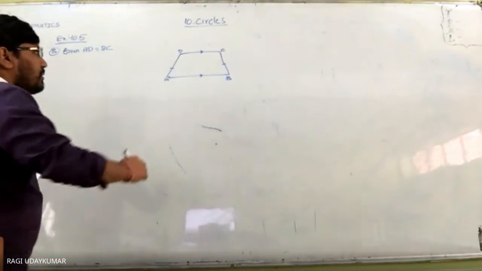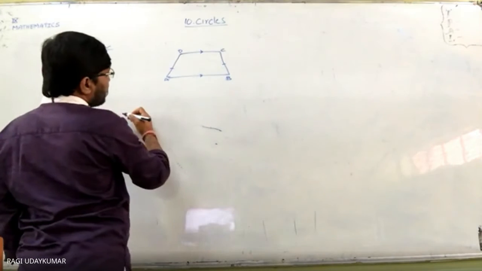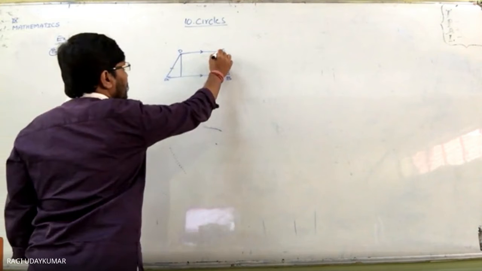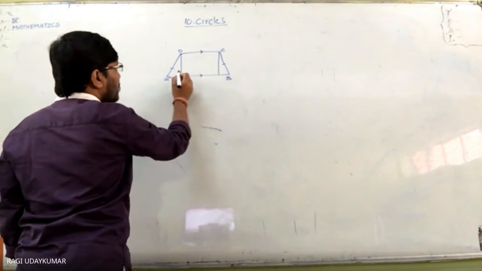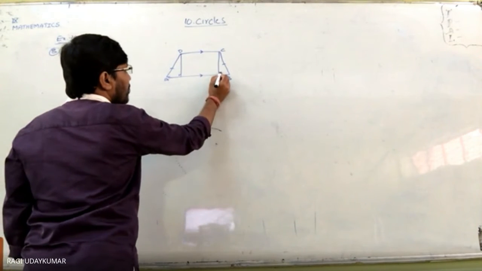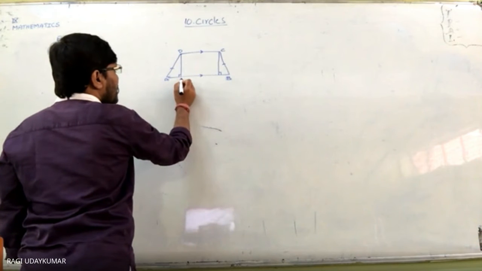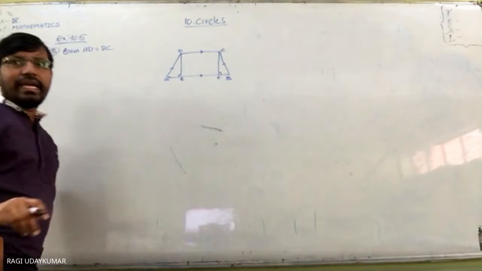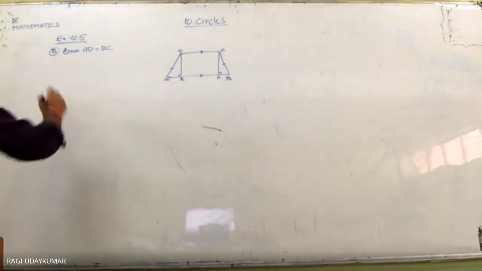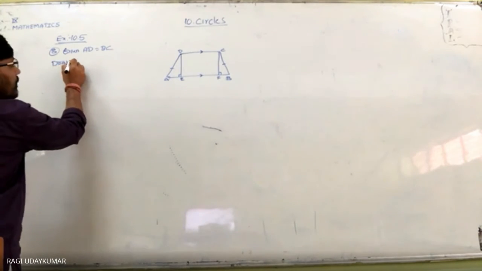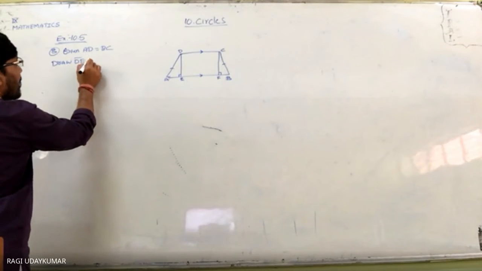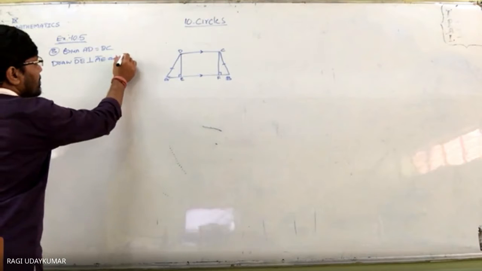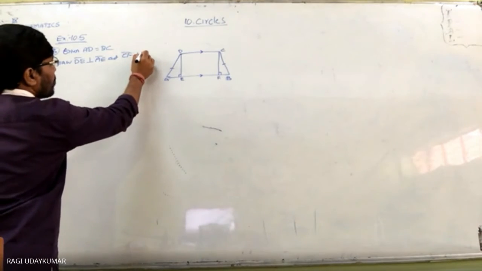Okay, let us do one thing. Drop the perpendicular from here. Drop the perpendicular from here. Let us name them E and F. So draw DE perpendicular to AB and CF perpendicular to AB.